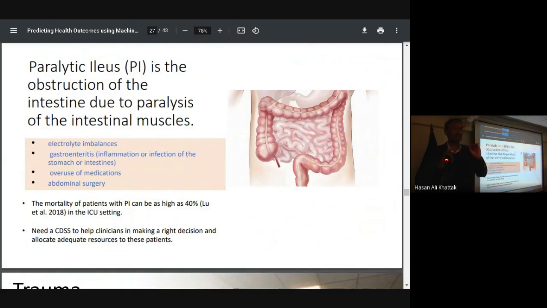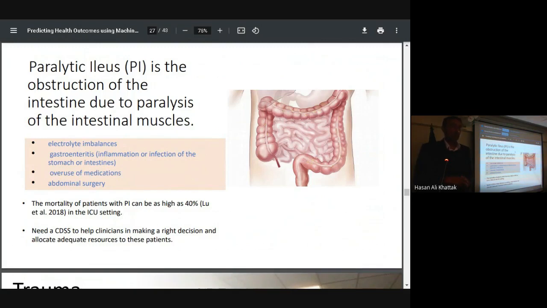And this is the case where we could use IT, machine learning, and deep learning to reduce the mortality, and when we reduce the mortality, that means we are reducing the expenses and improving the overall quality of care.